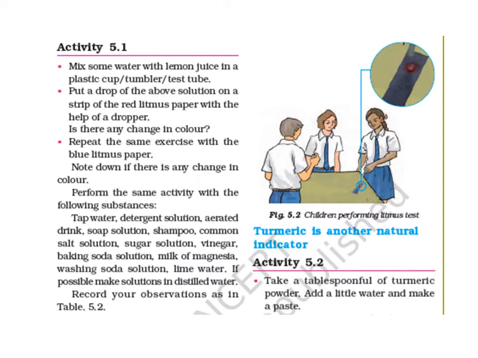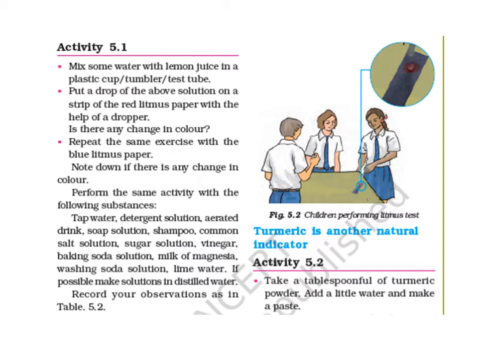So whatever is available with you, we have to use among that for the test of whether those substances are acids or bases, or these are neutral in nature, means neither acid nor base, these are called neutral in nature. So we will see in this activity.